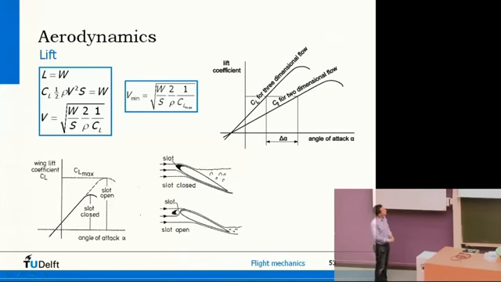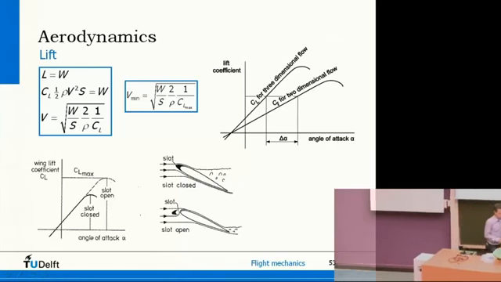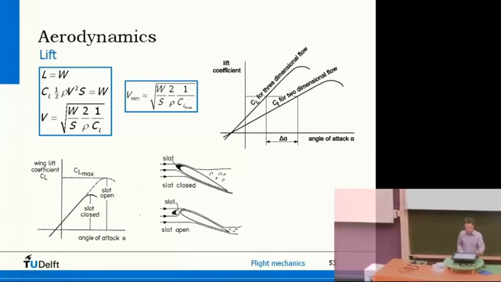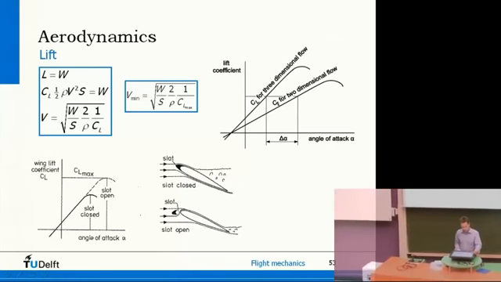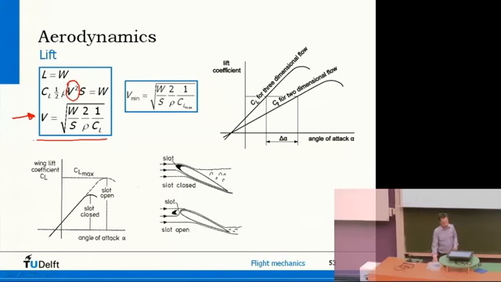And if you look at the lift equation, which must be the same as the weight to stay at a certain altitude, then we can also describe the equation for the airspeed. So you take out the airspeed and then you get an airspeed equation which depends on a couple of factors: aircraft weight, wing surface area, air density, and lift coefficient.